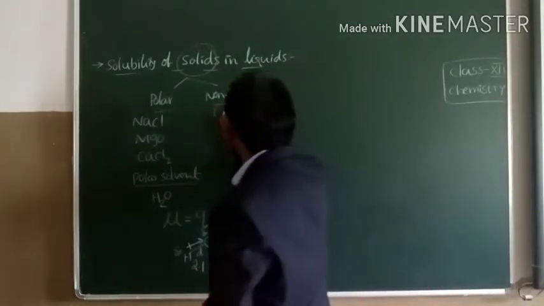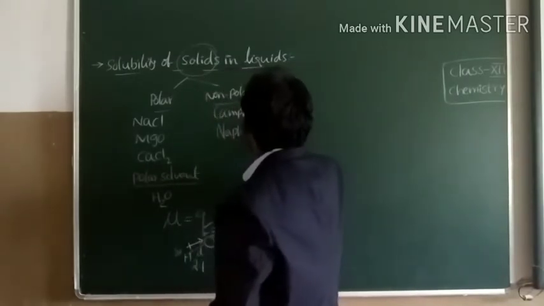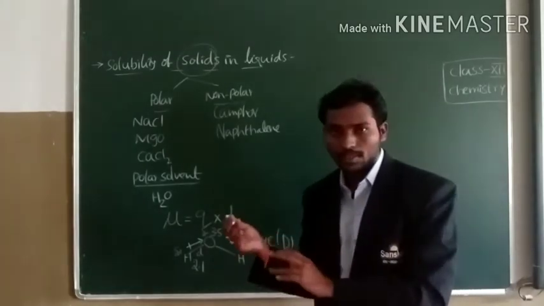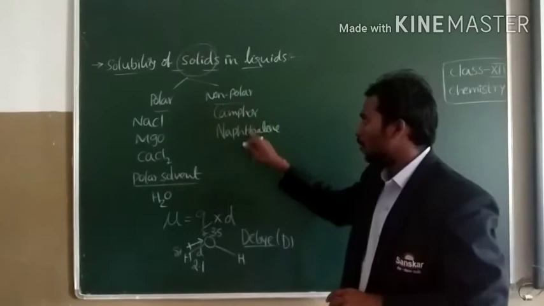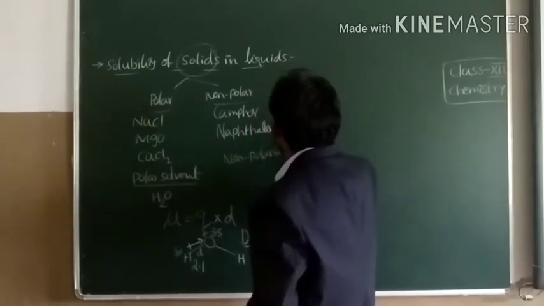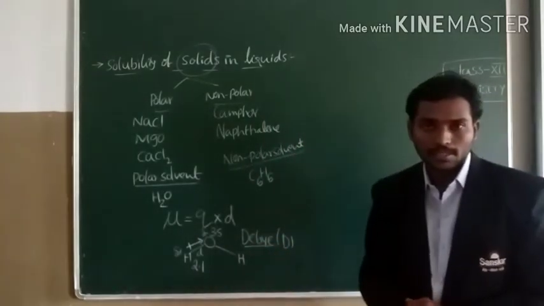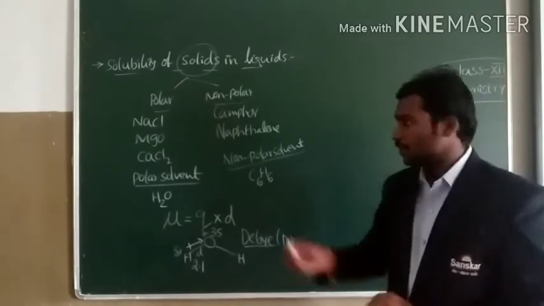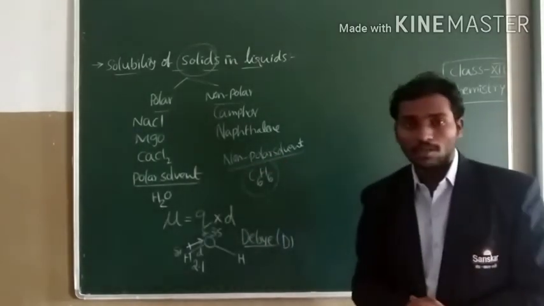Examples of non-polar solids are camphor, naphthalene, and anthracene, etc. They are also called molecular solids. They are not soluble in water. They are only soluble in benzene because non-polar solids are readily soluble in non-polar solvents. An example of a non-polar solvent is benzene, formula C6H6. Not only benzene, children, but also phenol and aniline are some examples. Most organic solvents act as non-polar solvents. Compounds like camphor, naphthalene and anthracene are readily soluble in benzene, a non-polar solvent.